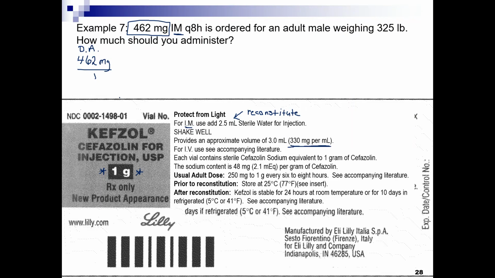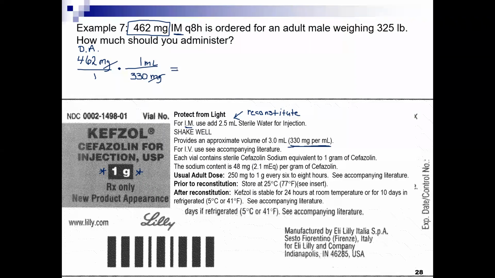So I'm going to take the 330 up to my dimensional analysis, put it on the bottom so that this counts as 330 milligrams, 1 milliliter on top, milligrams cancels. So you can see that here on the label are the 2 things that we talked about.